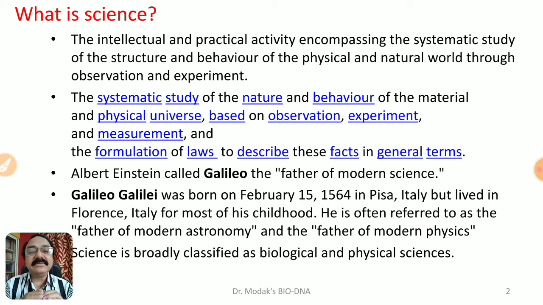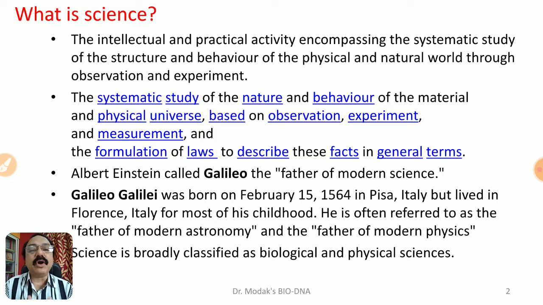And he told that the sun does not move around the earth, but the earth revolves around the sun along with the moon. Therefore he was awarded the honor of being the father of modern astronomy as well as the father of modern physics. And this wonderful branch of knowledge, science and its various disciplines, we are going to learn.